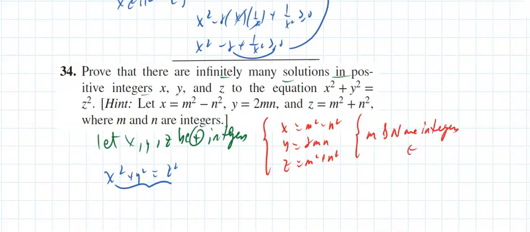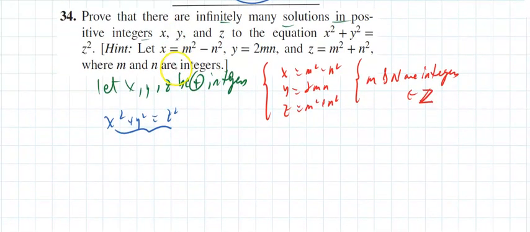We could say this too. That's a notation for integers. Okay, well, let's see the hint. So I want to prove the blue. If I take x squared plus y squared, isn't that m squared minus n squared, plus 2mn squared?